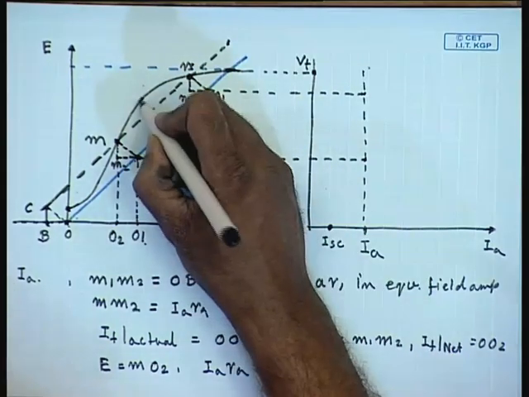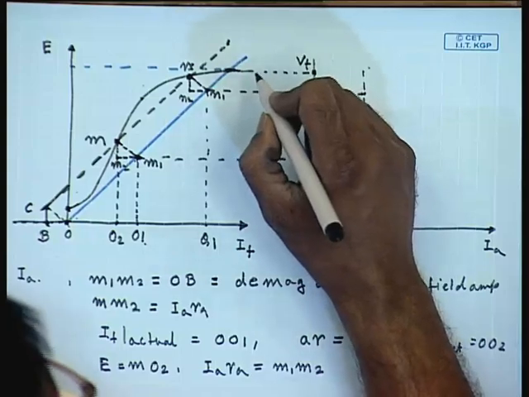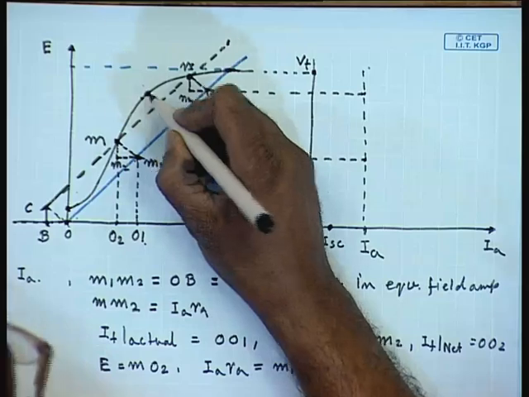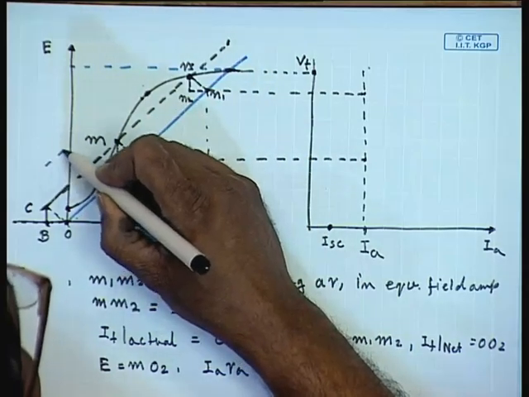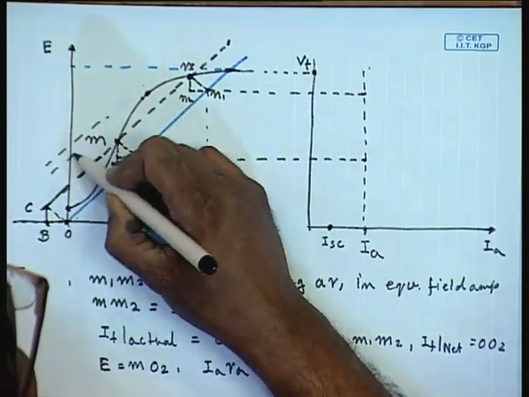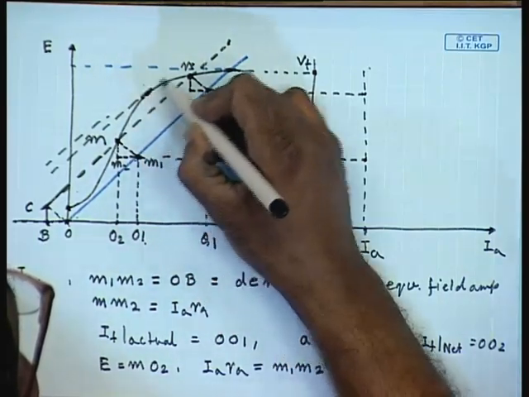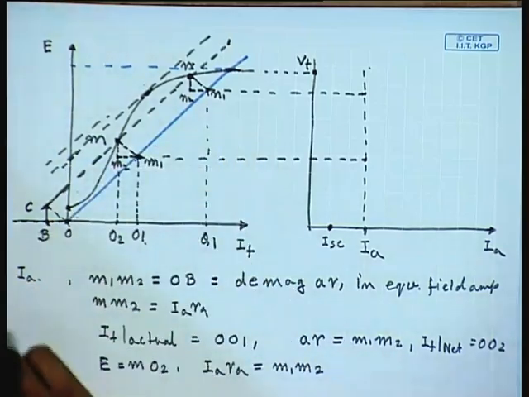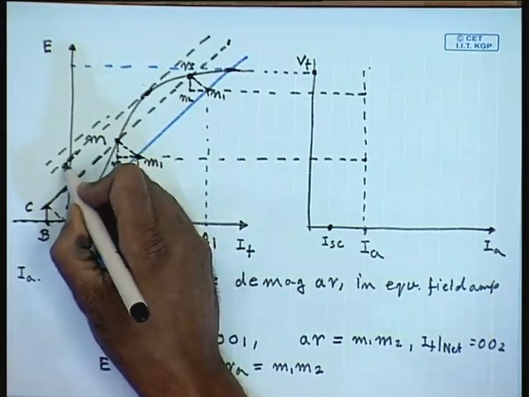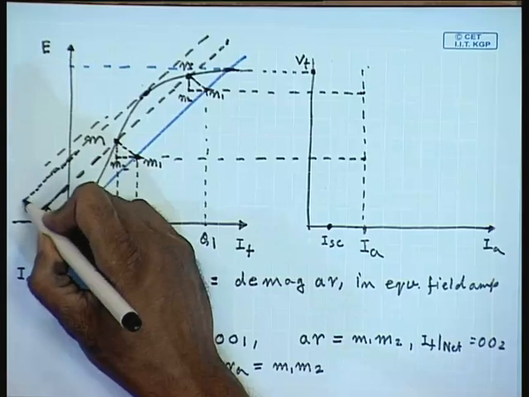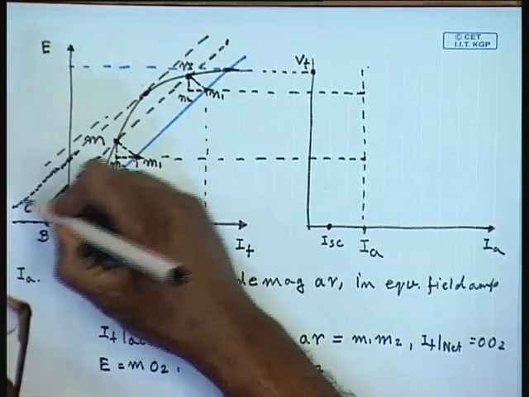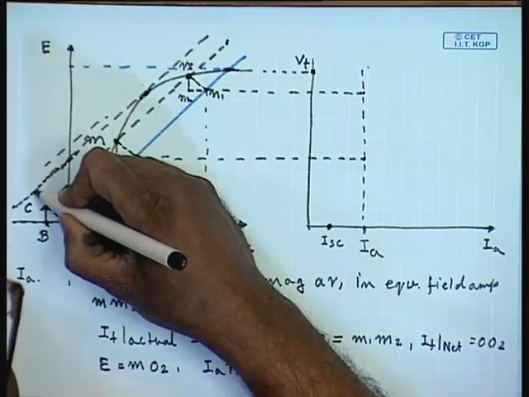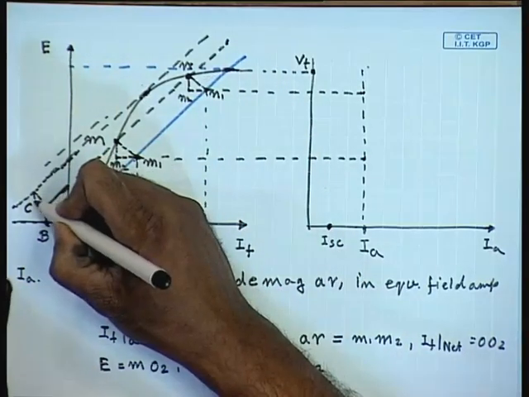For the maximum current, again we draw a line parallel to the field load line. Then we extend the triangle here.